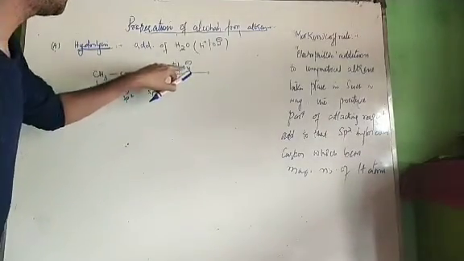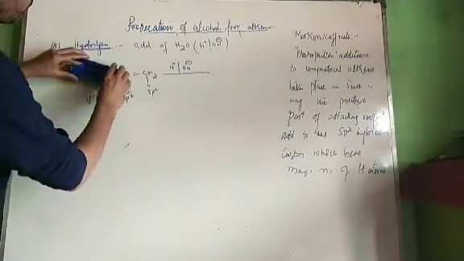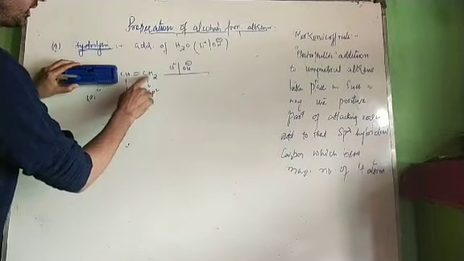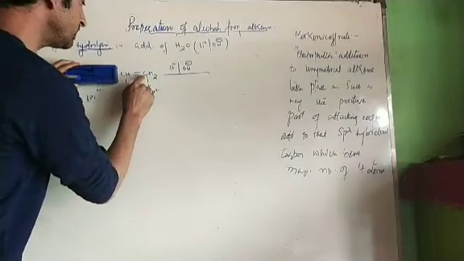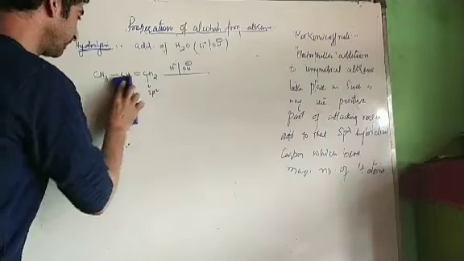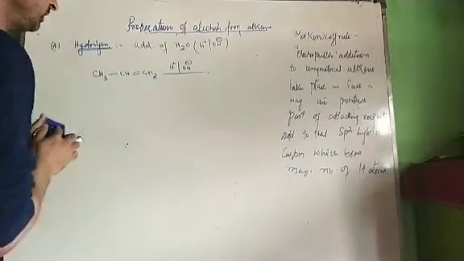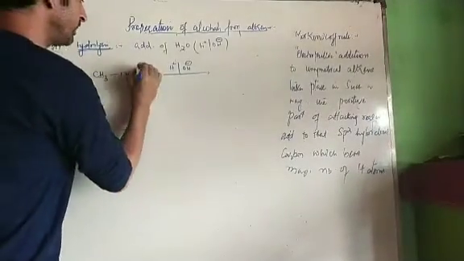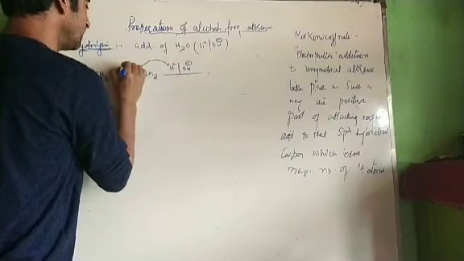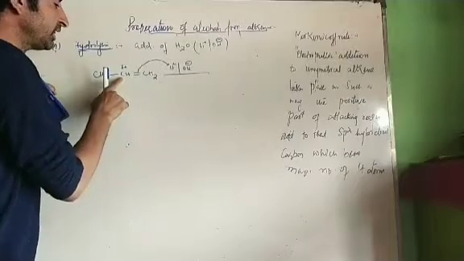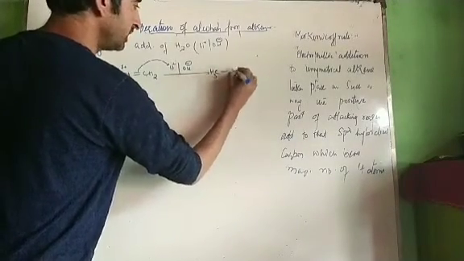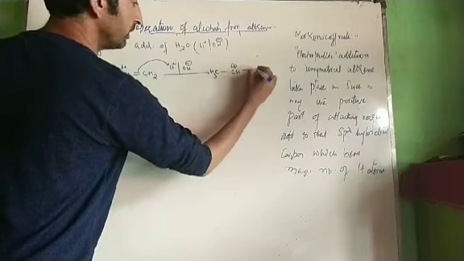Therefore, the positive part will add to this carbon atom and OH will add to this carbon atom. Our bond will break towards this side. The positive part adds to this carbon atom and we get a carbocation. This is a secondary carbocation, CH3, CH positive, single bond CH3.